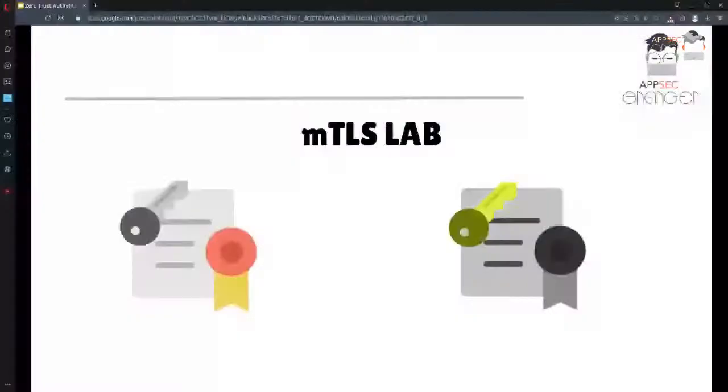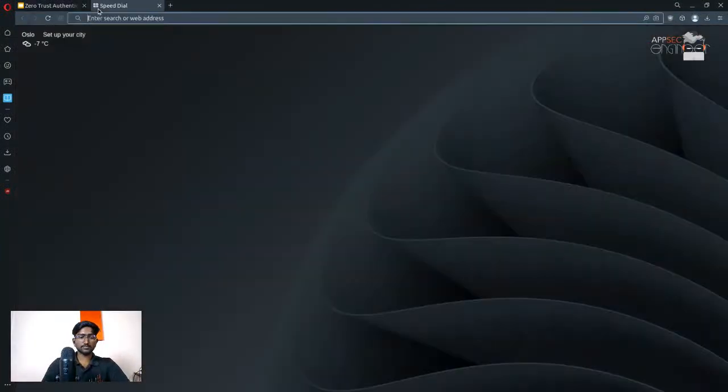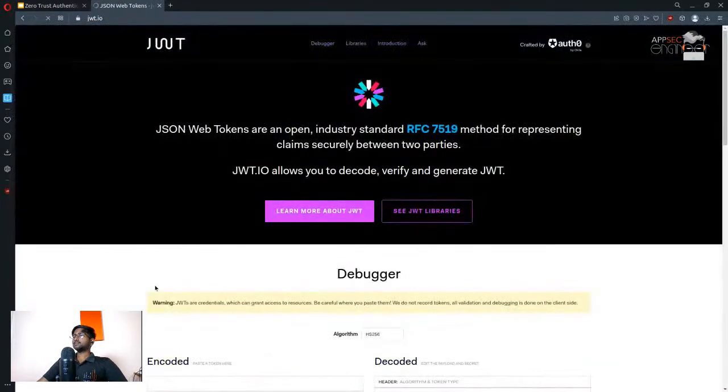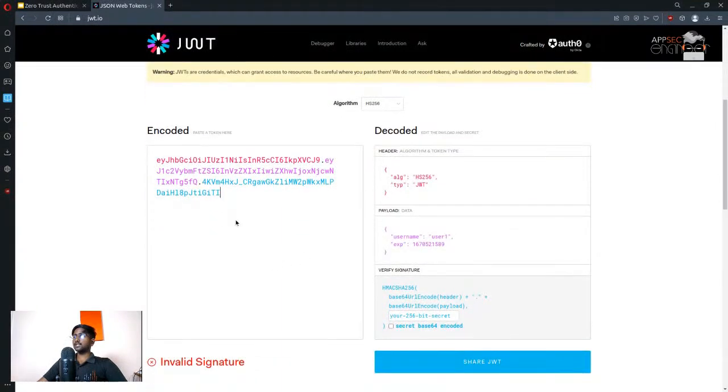So there is a website called jwt.io, and these folk do marvelous work for using JWT tokens. So if I were to paste my JWT token here, then you can see that the username is set to user1 and the expiration time is also set.